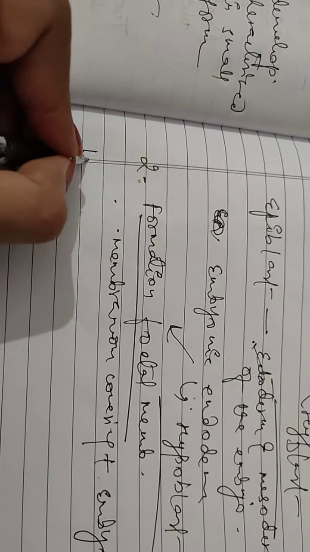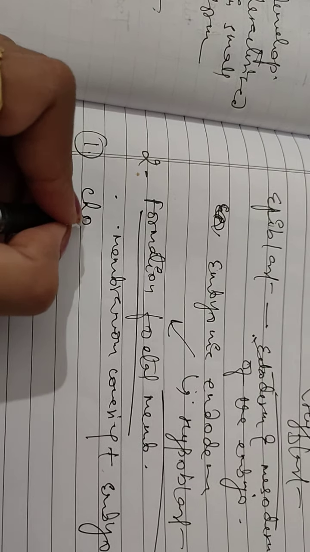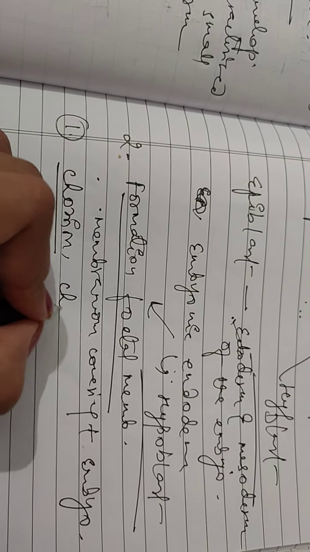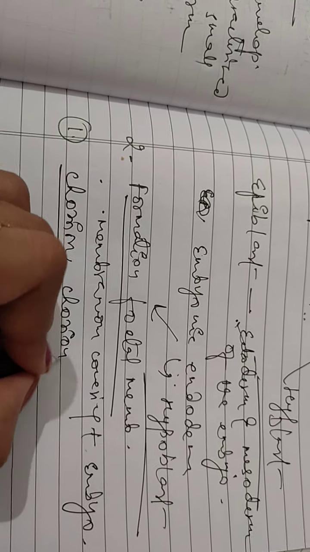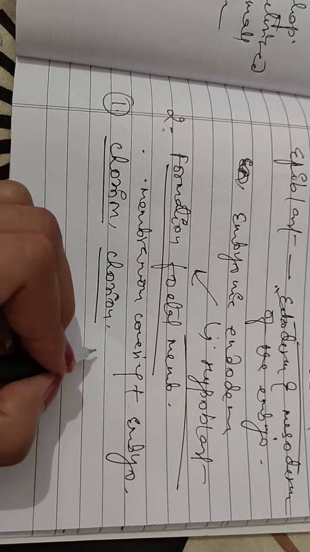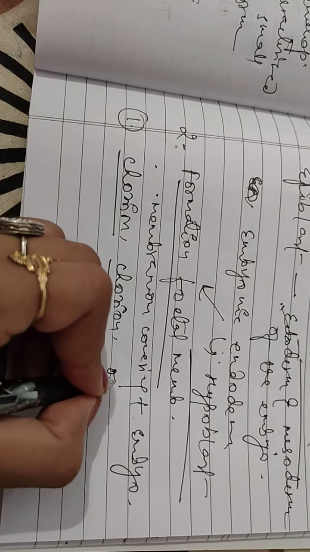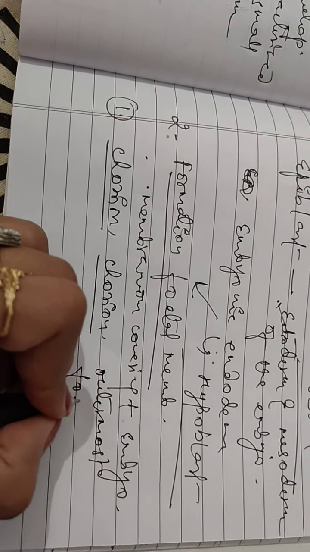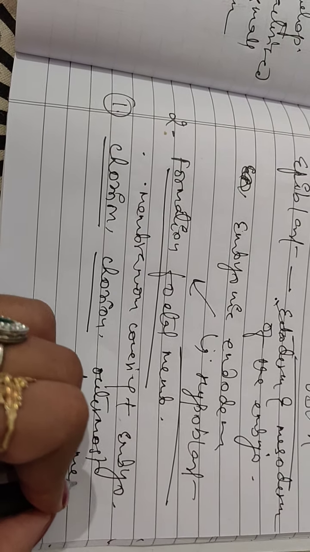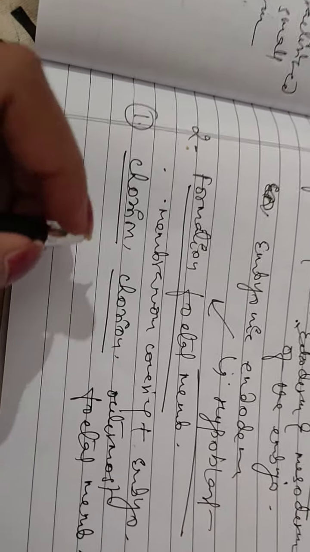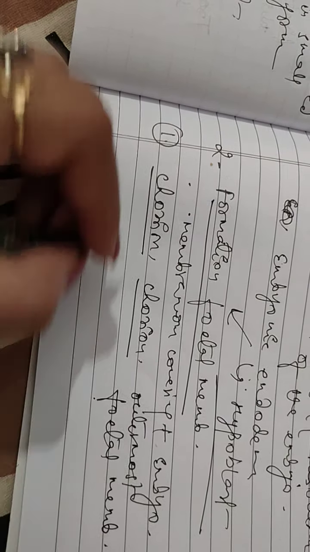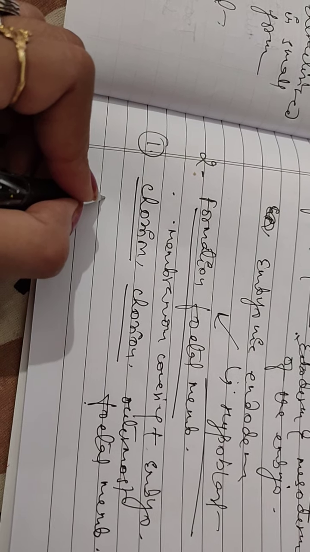The first is known as chorion. It is the outermost fetal membrane, and it is formed by the trophoblast. What is the function of this?